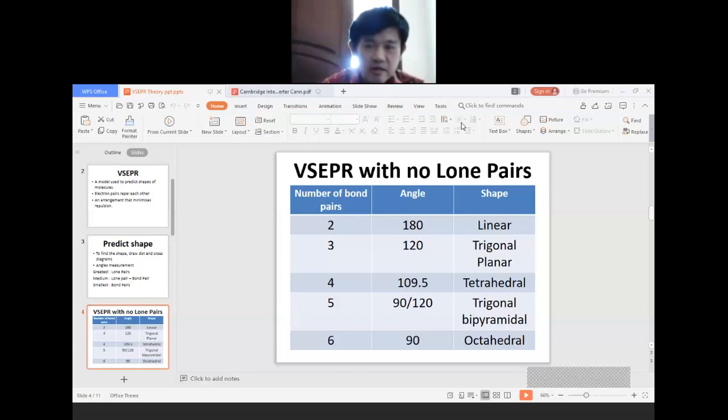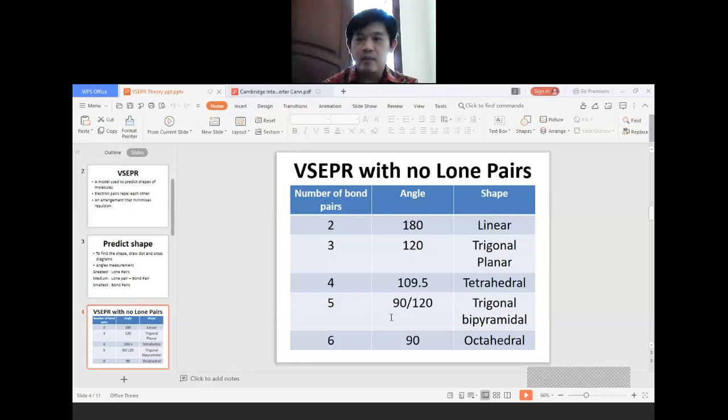So it is linear shape, meaning straight line. And for this slide specifically, if it is written with no lone pair, there is no lone pair at all. Two bond pairs, angle 180, the shape is linear.